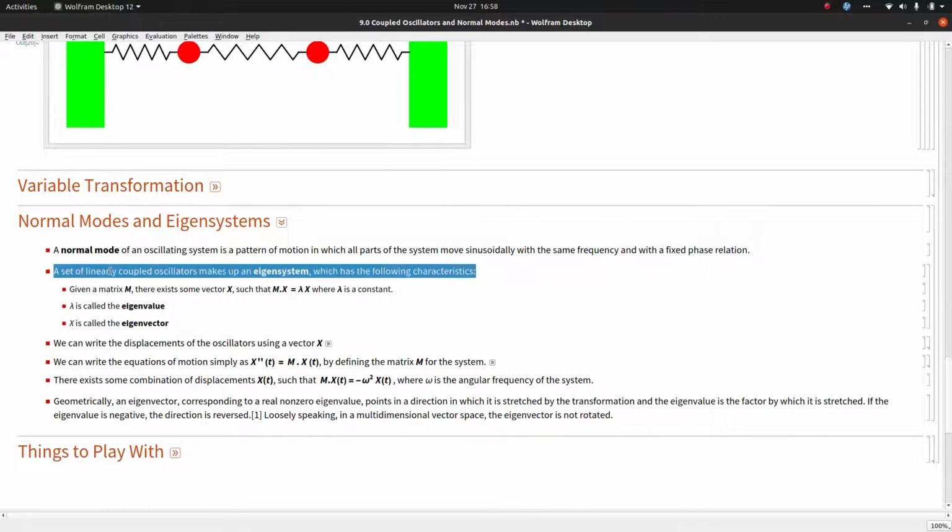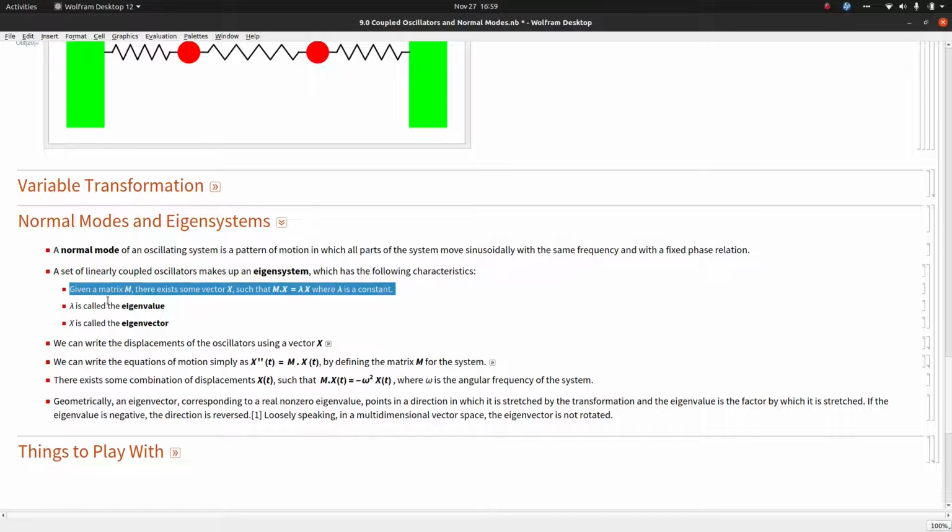Now, it turns out that if you take a set of linearly coupled oscillators, they make up what is known mathematically as an eigensystem. And an eigensystem has the following characteristics. Generally, for a given matrix M, there exists some vector such that when you operate the matrix on that vector, take the dot of the two, in Mathematica speak, you just get a constant times the same vector.